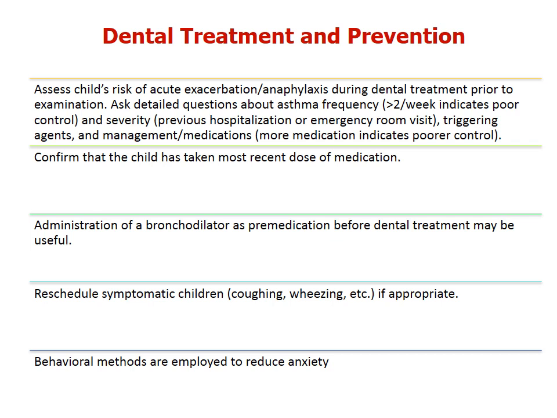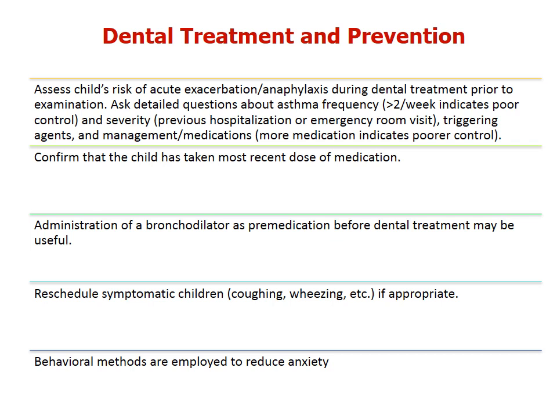So if a child comes to you for dental treatment, you need to first take a complete medical history of the child. You need to assess the child's risk of acute exacerbation or anaphylaxis during the treatment, prior to examination. So you need to ask detailed questions about his asthma history or the frequency.